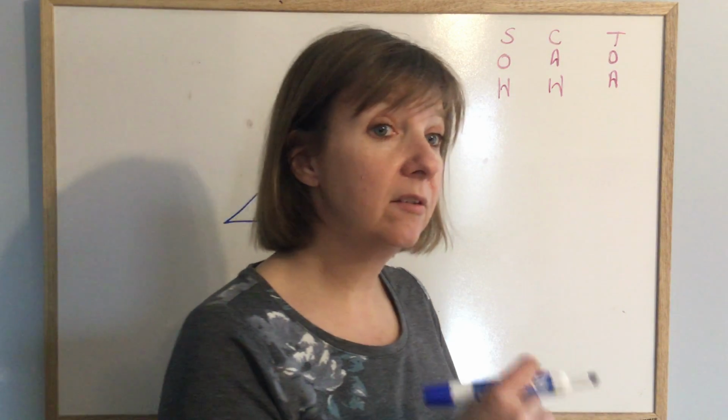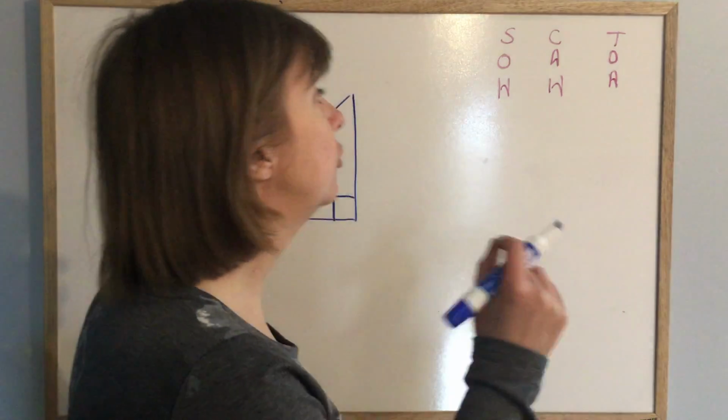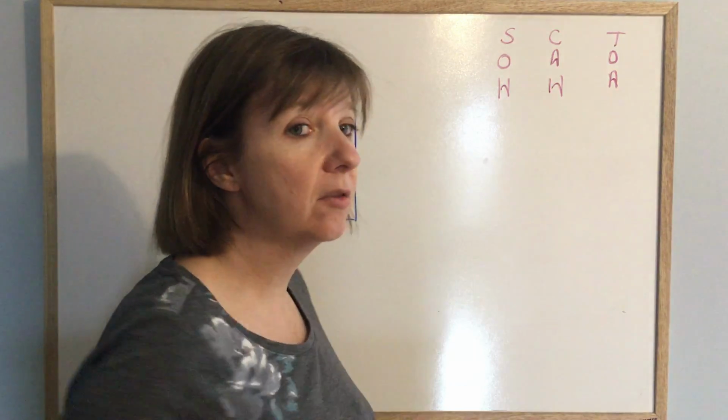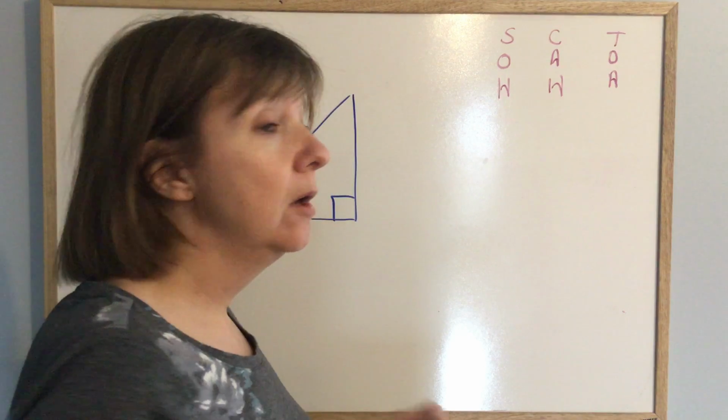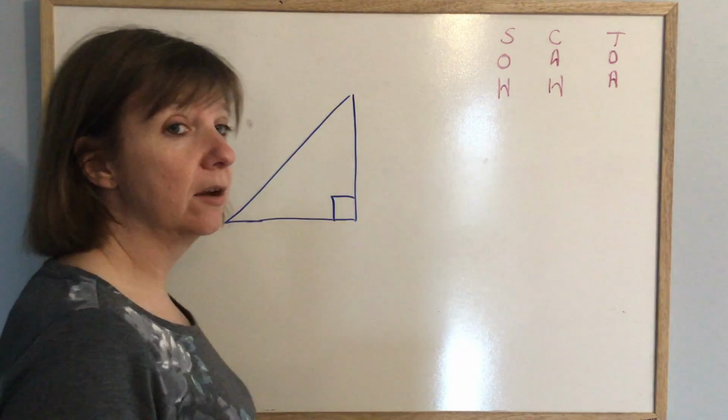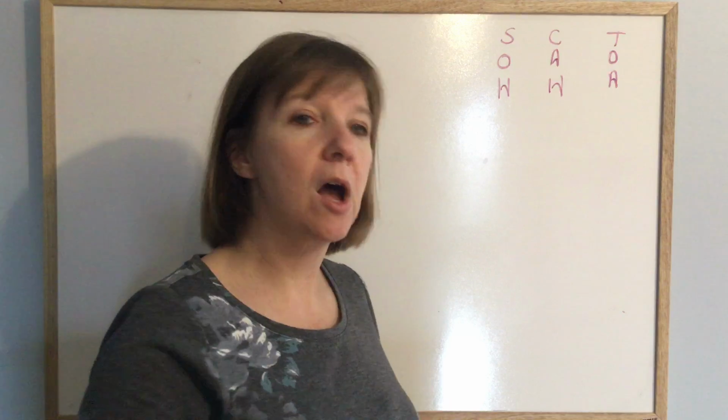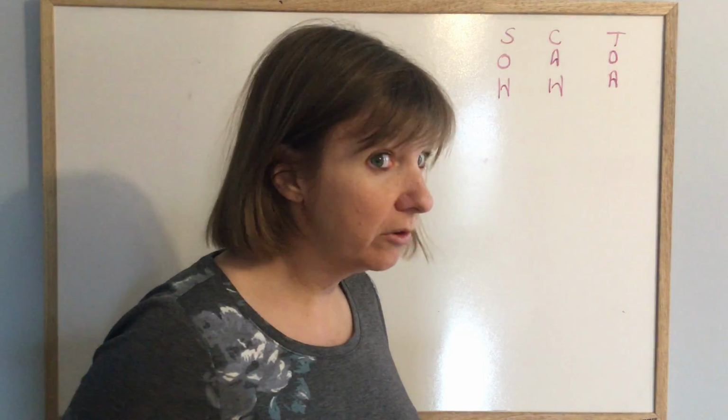If the triangle is not a right angle triangle, then don't try and use sine as opposite over hypotenuse. Because if you don't have a right angle triangle, then you don't have a hypotenuse. So you can't use it, all right?